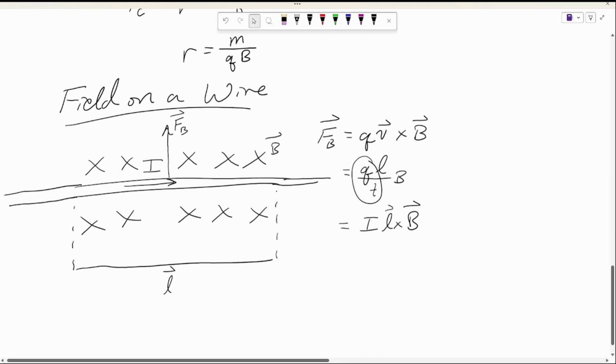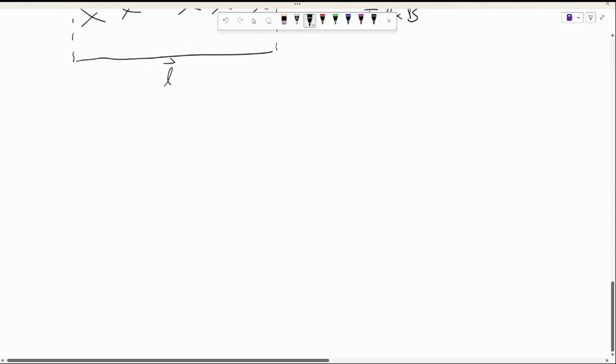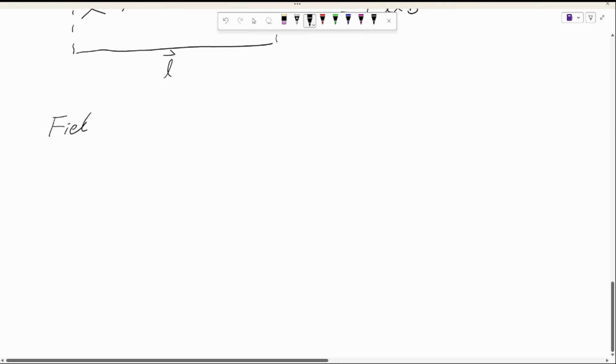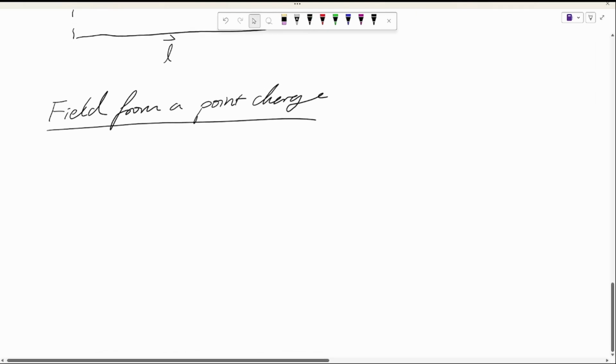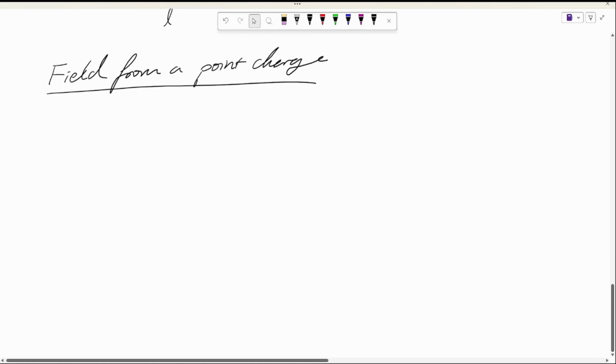Now let's look at creating a B field. We'll start with the most basic field, from a point charge. A moving charge produces a magnetic field, and we find that B is equal to mu naught, which is the vacuum permeability, I think.